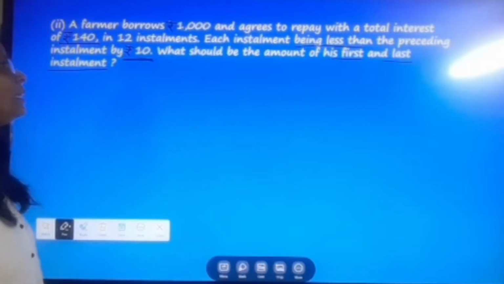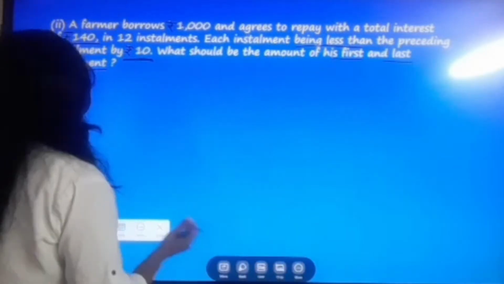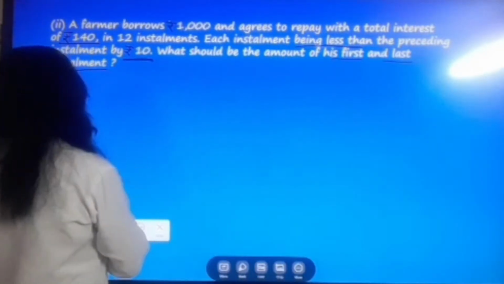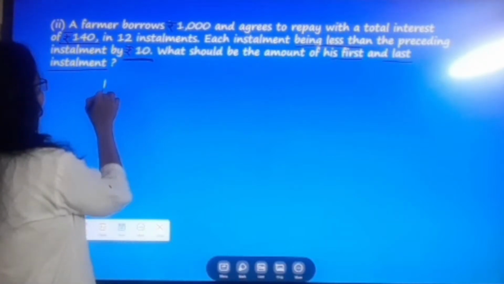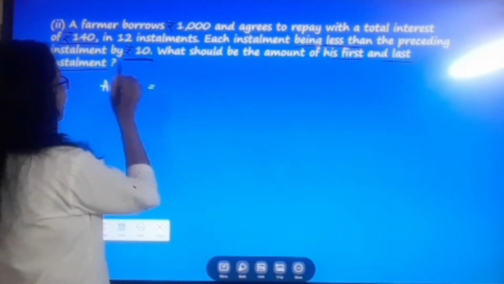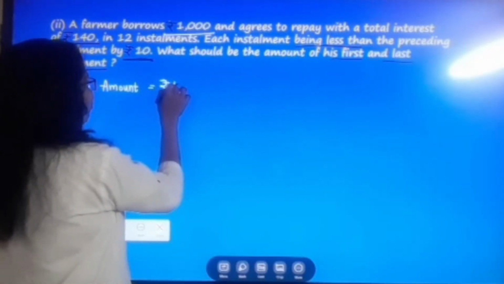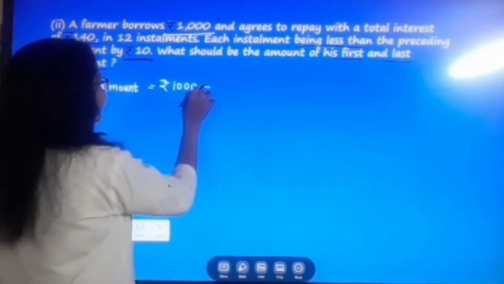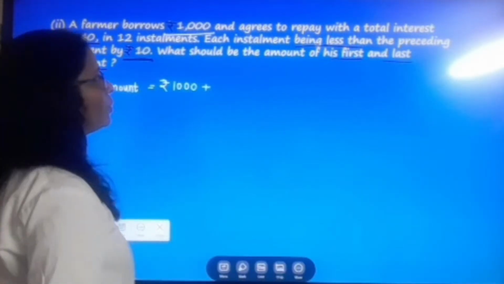Borrowing rupees 1000 means this value is for the amount, that will be the sum in the arithmetic progression. We write down that sum here: the amount is equal to this rupees 1000, and we call it SN.